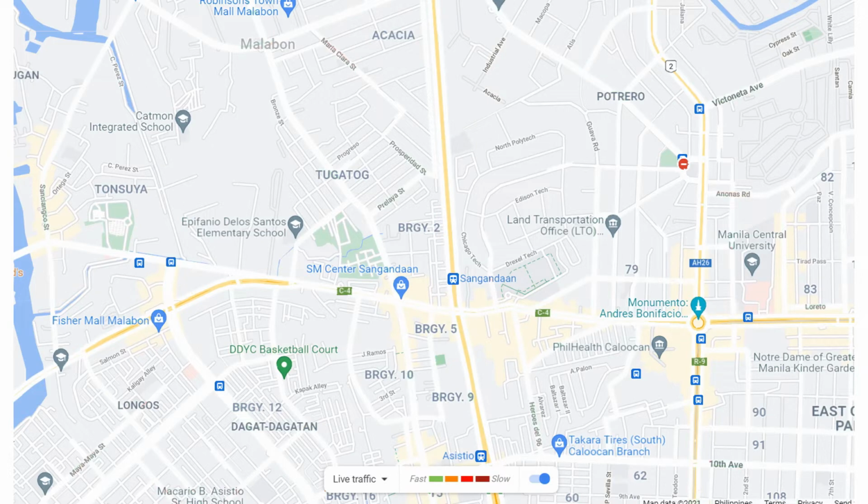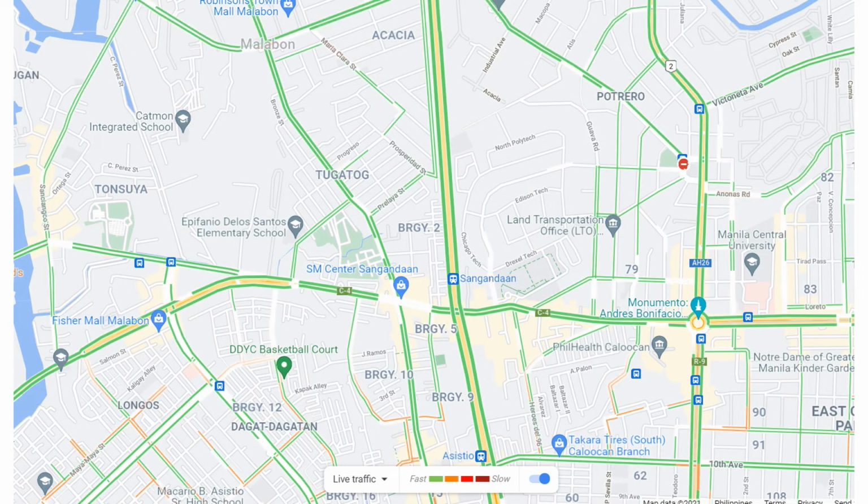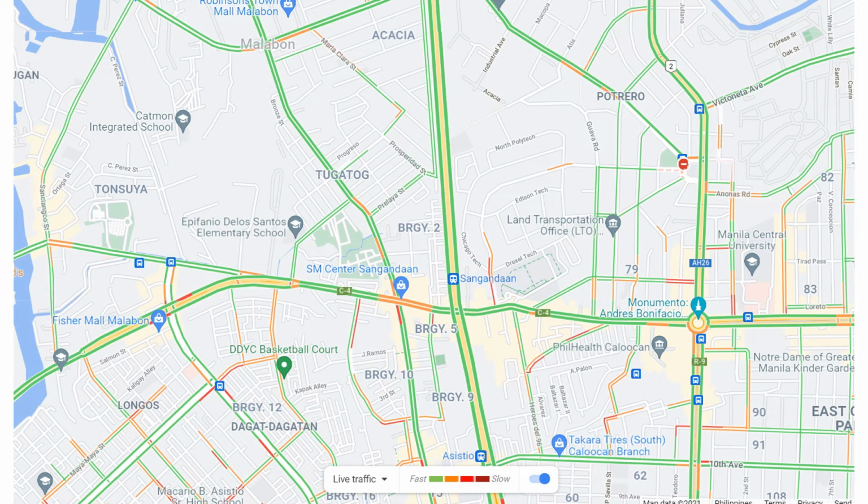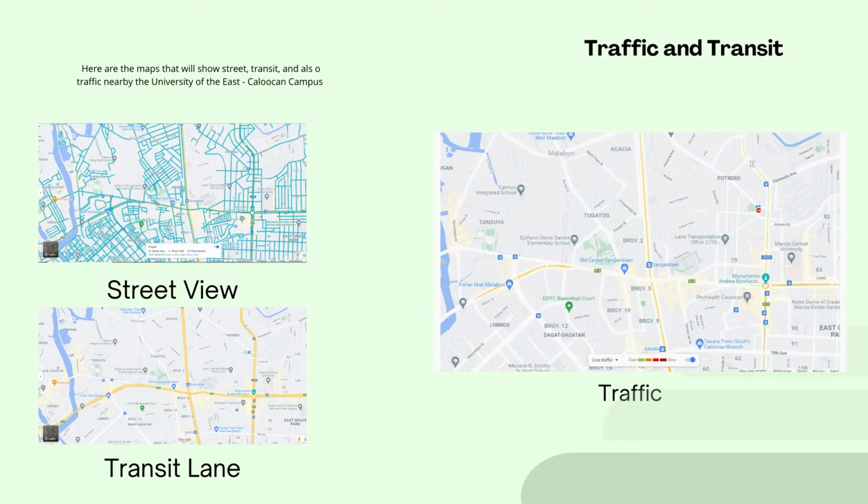For the traffic and transit, UE Caloocan is bounded by Samson Road, a property of a local government unit and considered a main road. And since it's a main road, expect that there will be heavy traffic during rush hour. There are two present PNR stations, Monumento and Sangandaan station.